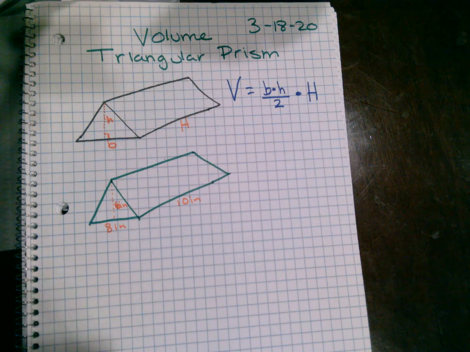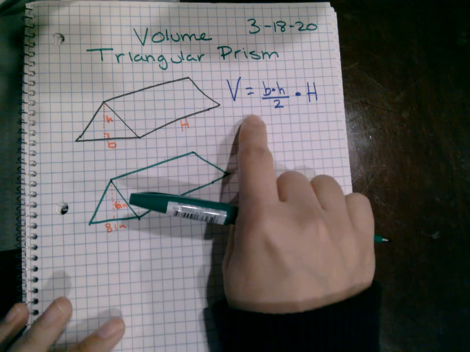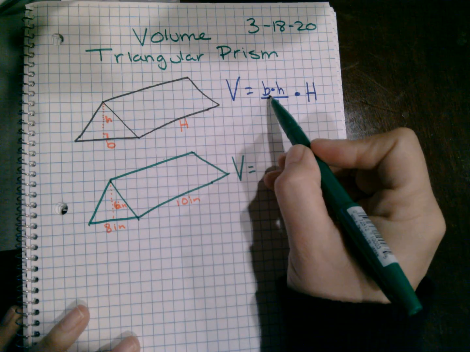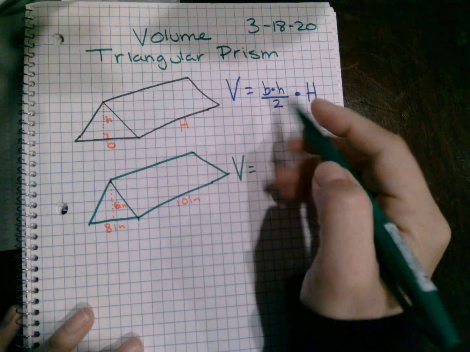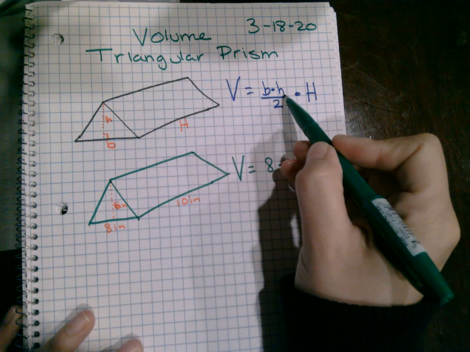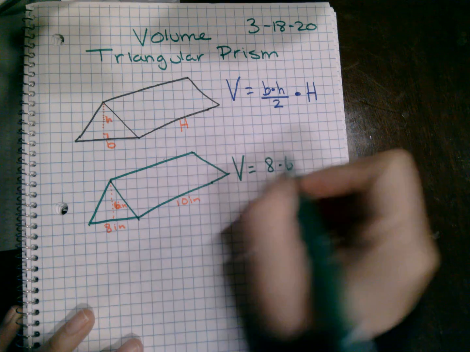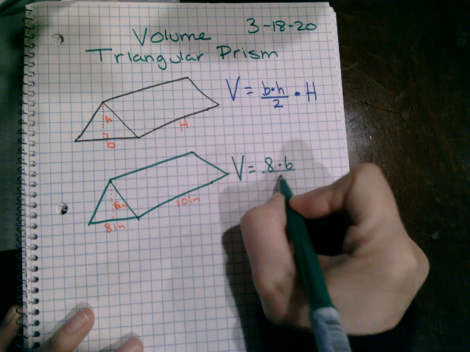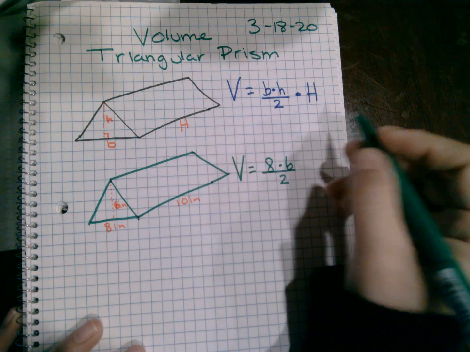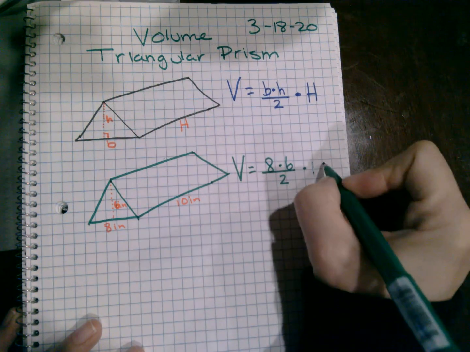Now we're just going to plug in using our formula from above. Volume equals, what's our base of our triangle? Correct, 8, times what's our height of our triangle? 6. Yes, that's a 6. Divided by 2, and then multiply by your big height, which would be this one, times 10.